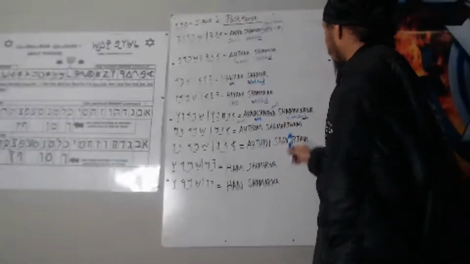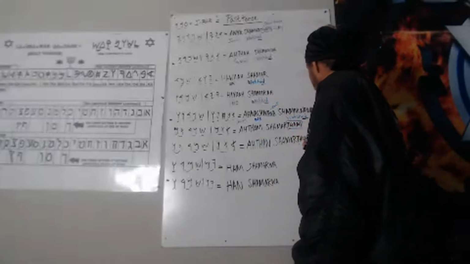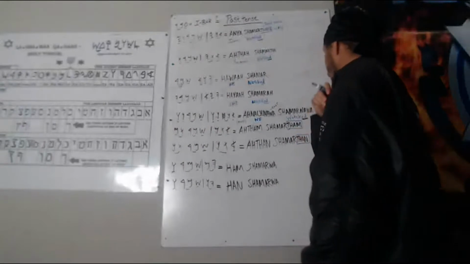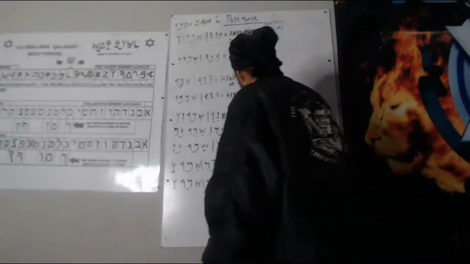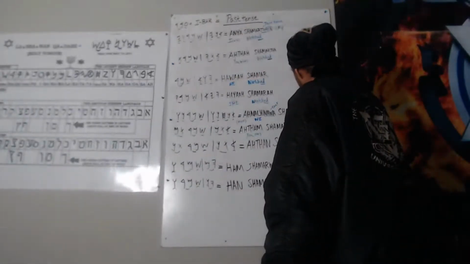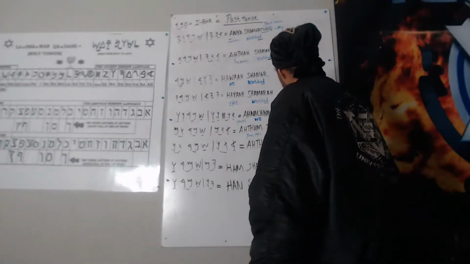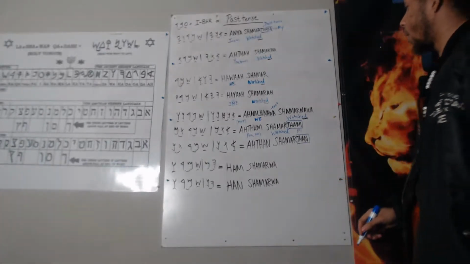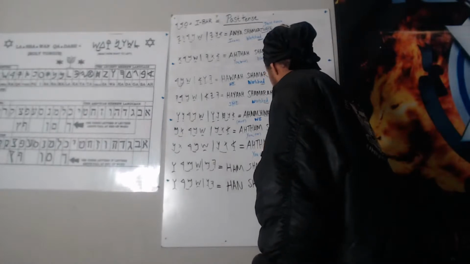Now, atem, shamartem. Atem, shamartem. Okay. So let's break this down real fast. We know that atem means you, which is masculine. The tem right here is plural for watched. And then aten is you as well in Hebrew, but feminine.